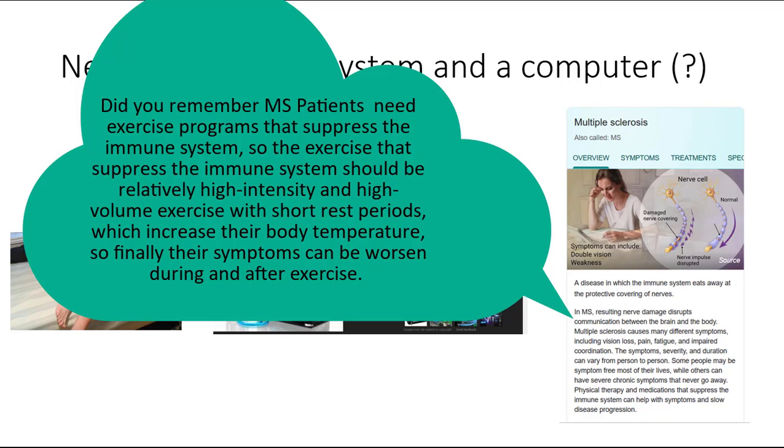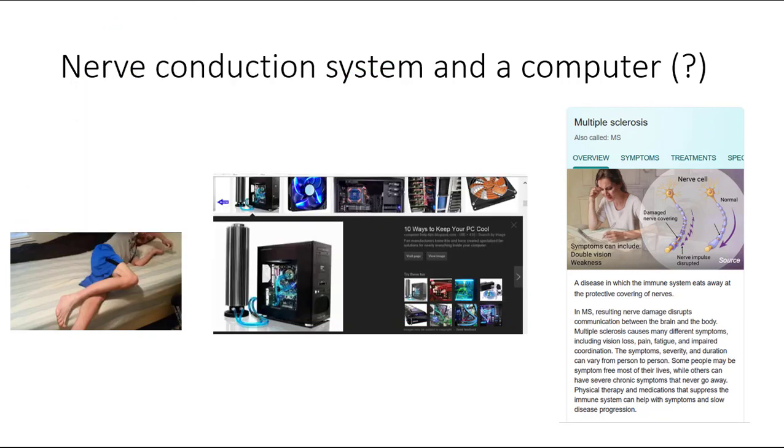So finally, their symptoms can be worsened during and after exercise. Does it make sense? So they need exercise, but at the same time, they should cool their body. And how? Simply, they can exercise in cool water or exercise in a room which is equipped with air conditioning.